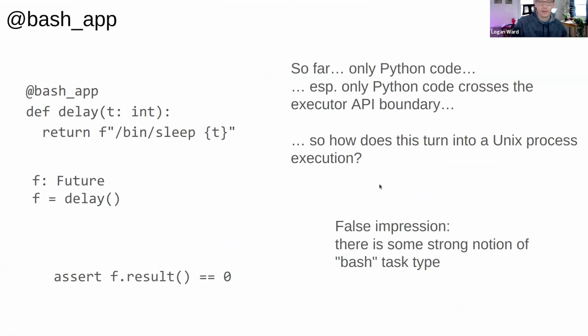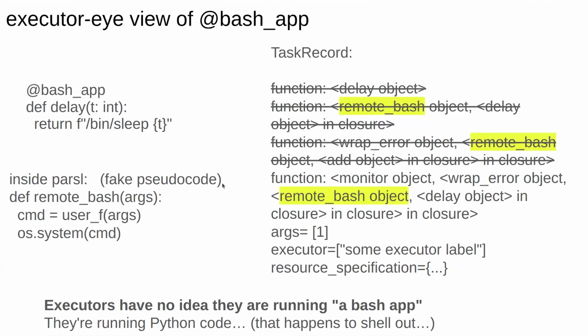It's right on the front end, and then this remote bash executor runs deep inside the task on the execution end, and nothing in between really thinks about bash apps. Okay, so look, I even put it in bold. Executors have no idea that they're running a bash app, right? So it'll go into Work Queue, and all Work Queue does is call this Python function that happens to shell out. And this is the Python function here. Okay, makes sense. Yeah, thanks.